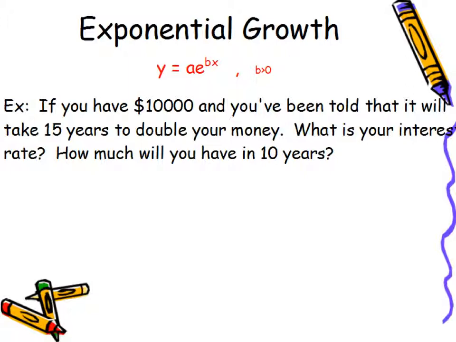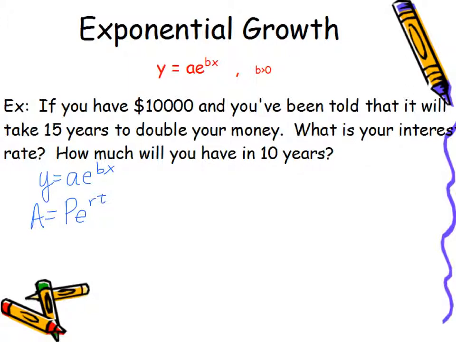Since this has to do with money, I can use my y equals ae to the bx, or I could really just use my PERT formula, which is Pe to the rt. Same thing.